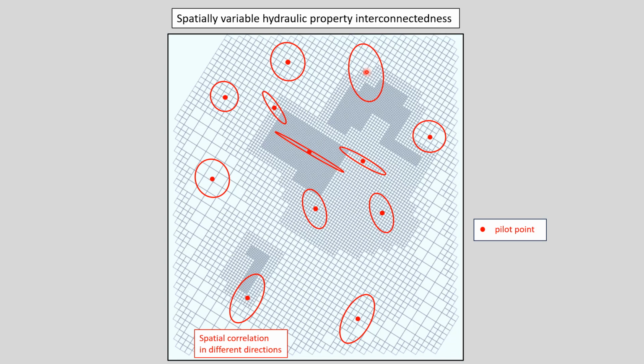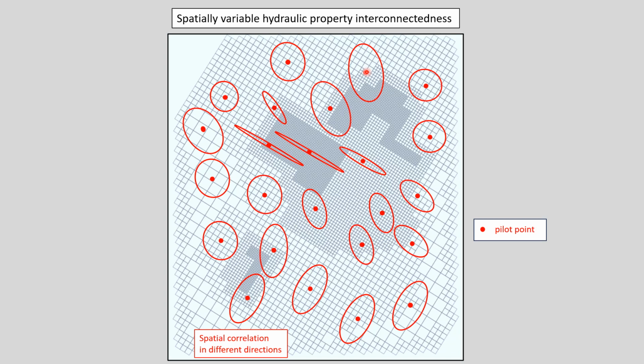We could have a pilot point at the center of each of these ellipses, but more likely we'll have lots of pilot points. But what we can do is accommodate the fact that at each one of these pilot points, the characteristics of the variogram, which describe spatial correlation and anisotropy possibly at that point, may be different from other points.